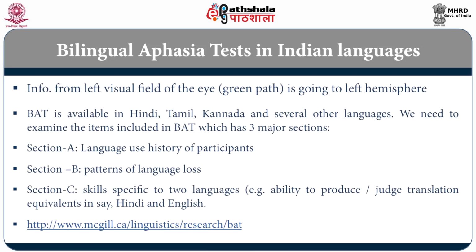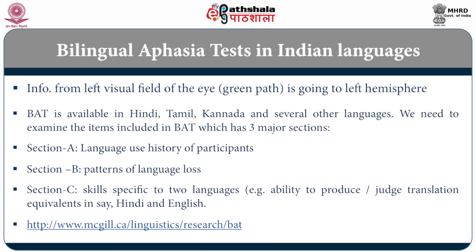In section 1, they ask detailed questions about language use history, which is very important. So, in this module on the neurolinguistics of multilingualism, one point you must keep in mind is that you must have a questionnaire and get data about which language is used in which domain.